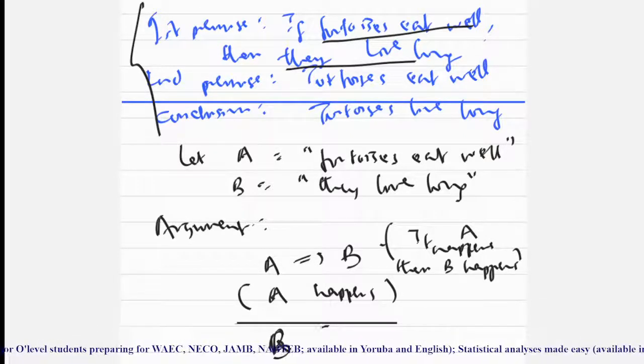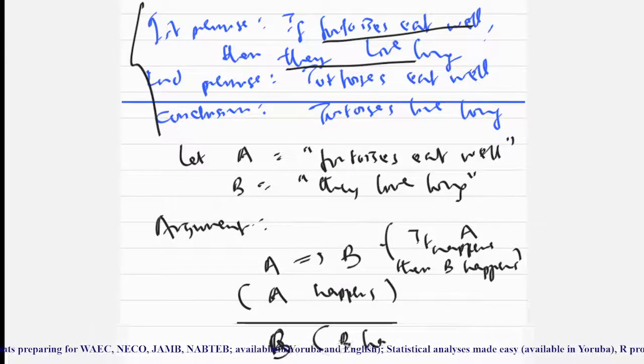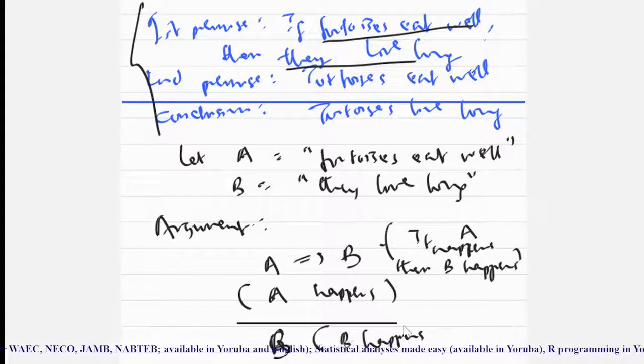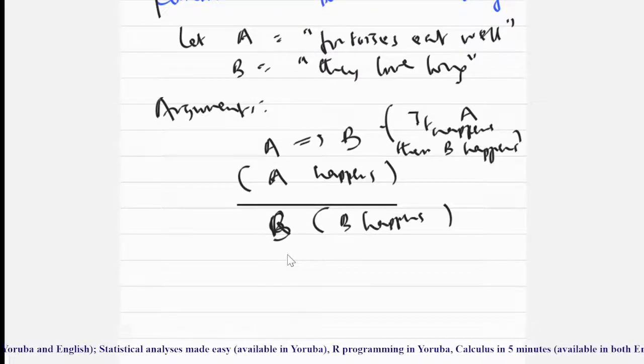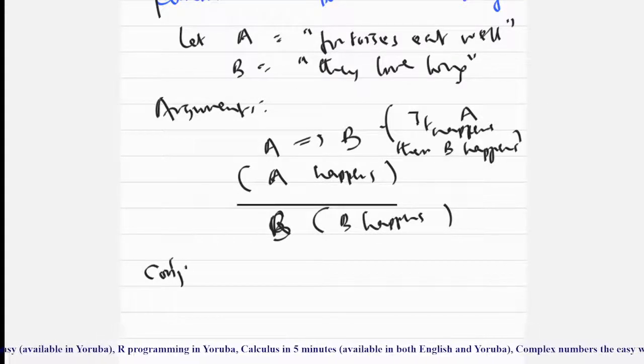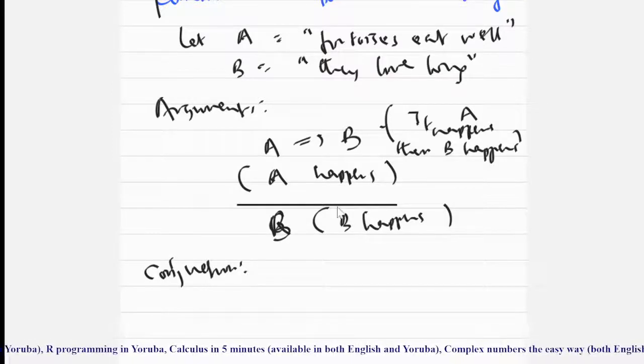So then from that you confirm, don't forget, if you form a conjunction of true premises, we have true premises now. Okay, let us form them together, join them, conjunction. So before you can have an argument, you have to take the conjunction of the premises.